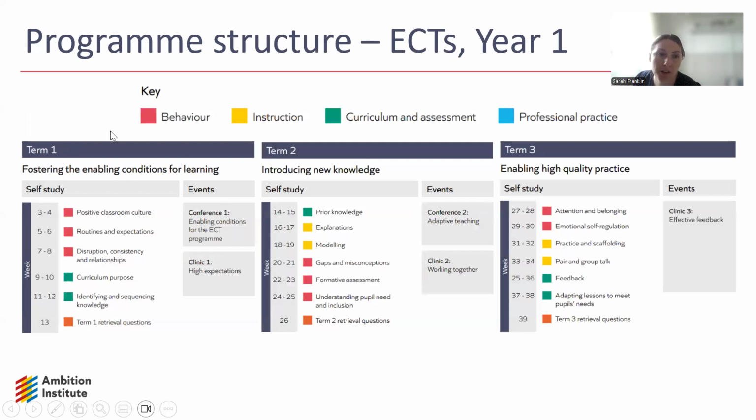If you look at term 1, for example, which was about enabling conditions for learning, you can see there are 6 modules here, and they're suggested over 2 weeks. So they have a fortnight to complete that.